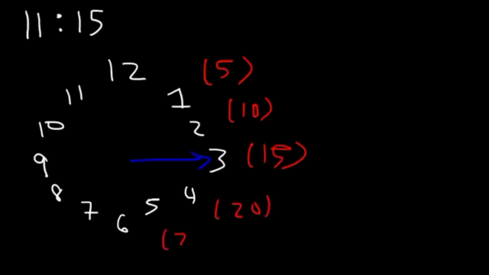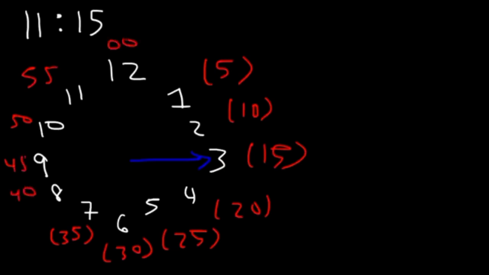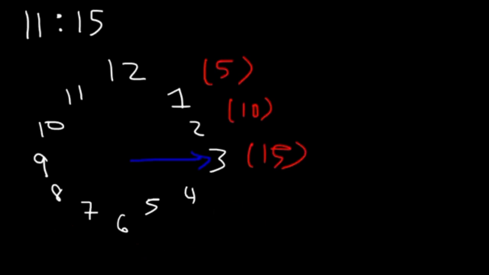Let's say if it was 11:05, the minute hand will be at 1. 11:10, it will be at 2. 15 is for 3, 20 is 4, 25 is for 5, 30 is for 6, 35 is for 7, and so forth. 55 is for 11. This is 50, 45, 40, and then back to 0. So just in case you were wondering, those are the numbers that you need to know.